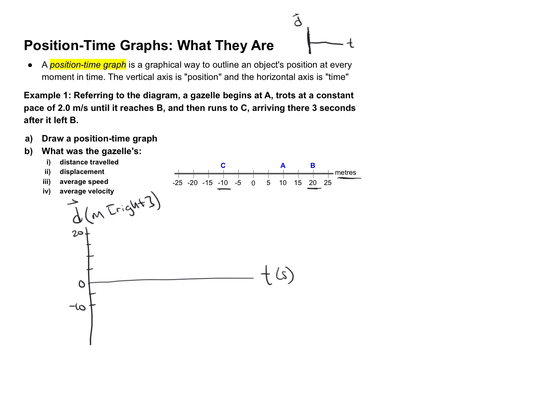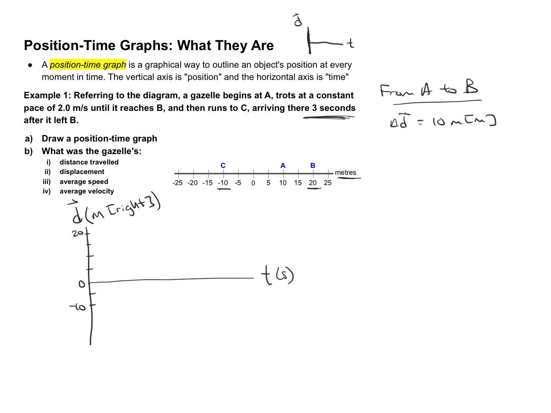In terms of time, how long is this all taken? So I have to do a little bit of math here. From B to C, it takes 3 seconds, but how long does it take to get from A to B? I have to calculate that actually. So from A to B, based on the diagram, it traveled a displacement of 10 meters to the right. Okay, it started at 10 and it went to 20.